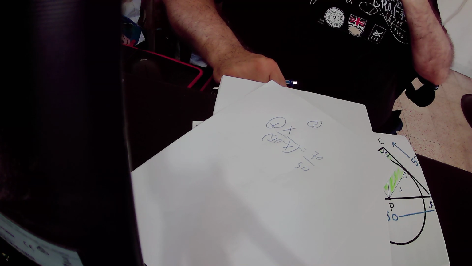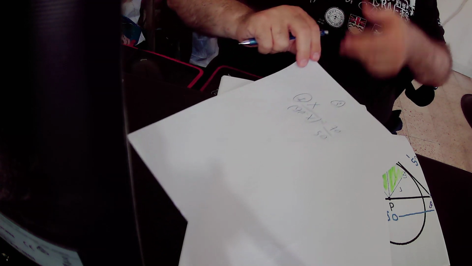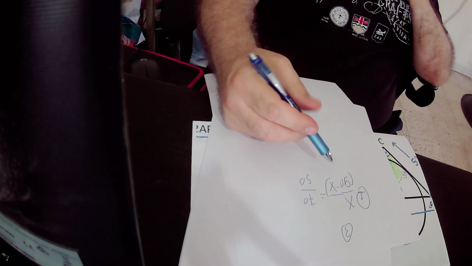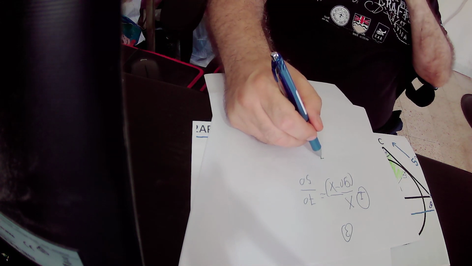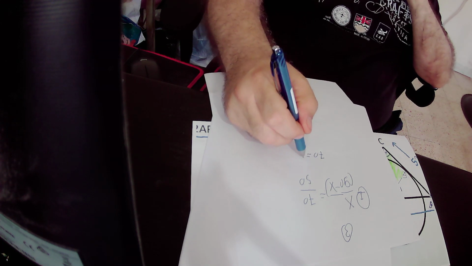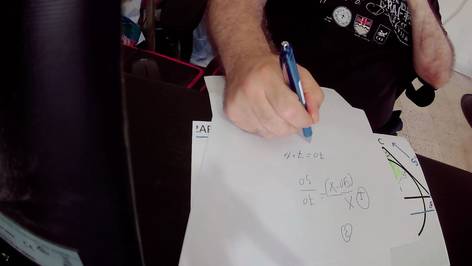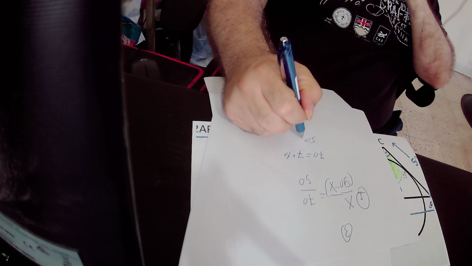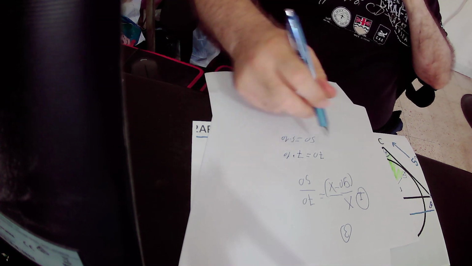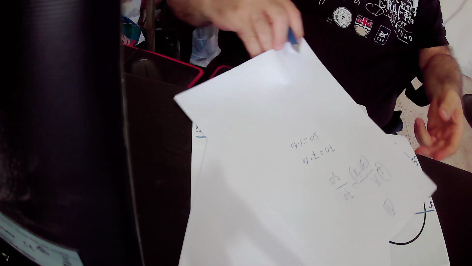Now because 70 equals 7 times 10 and 50 equals 5 times 10, we can write equation 1 again.